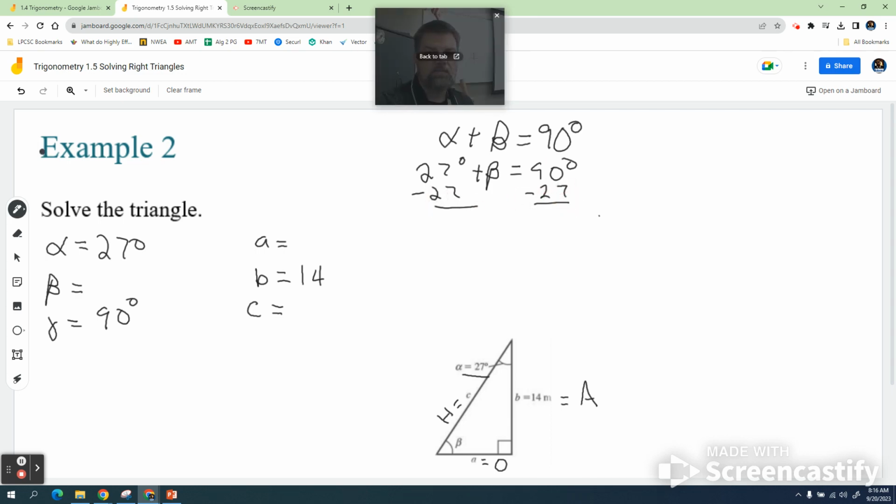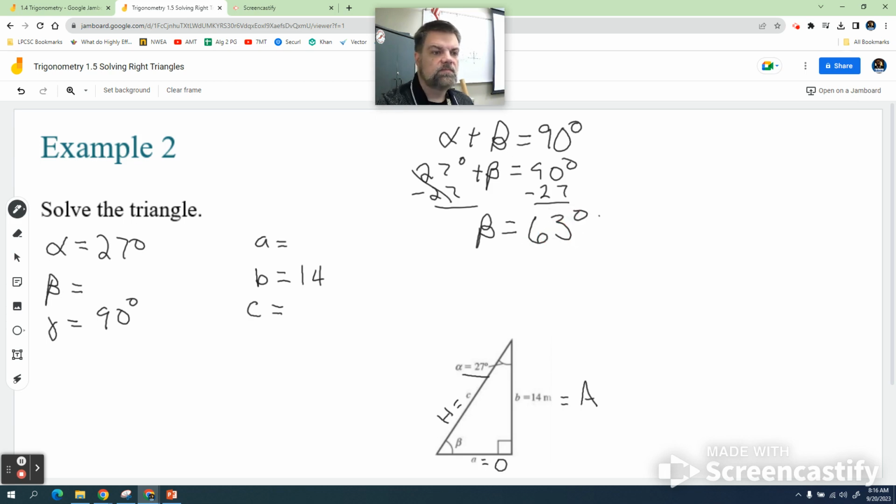These cancel, and I get beta is equal to, what's 90 minus 27? Is that 63 or 53? 63. Okay. So over here, I'm going to write down 63.